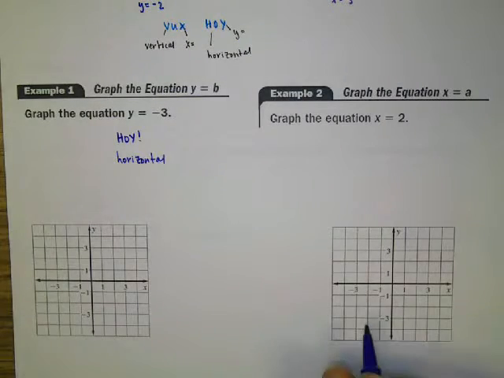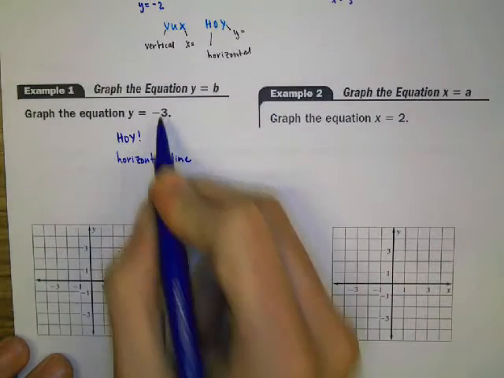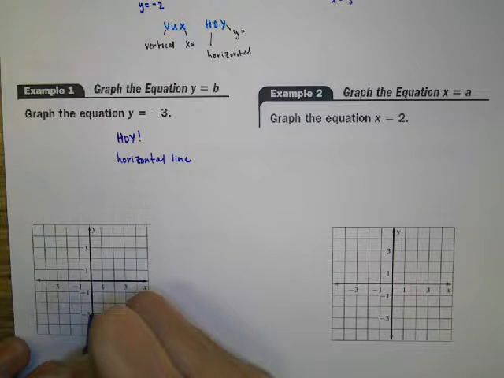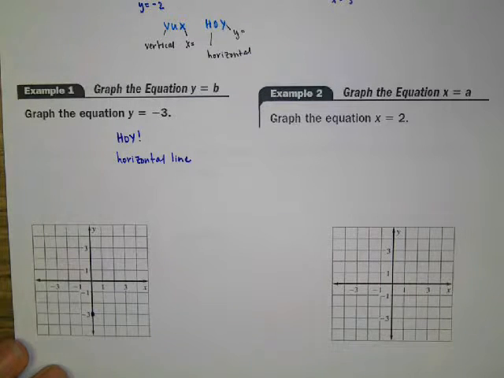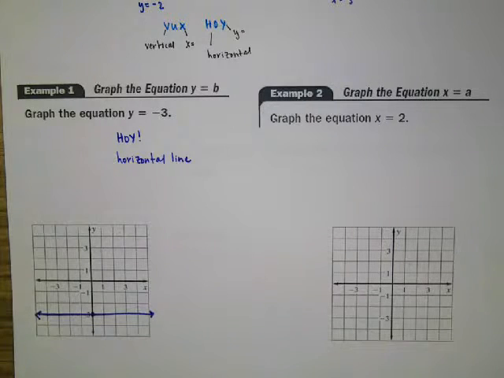And so this horizontal line is going to intersect the y-axis where y is -3. So I find -3 on my y-axis, and then I'm just going to draw the horizontal line through that point. So that would be my line with equation y equals -3.